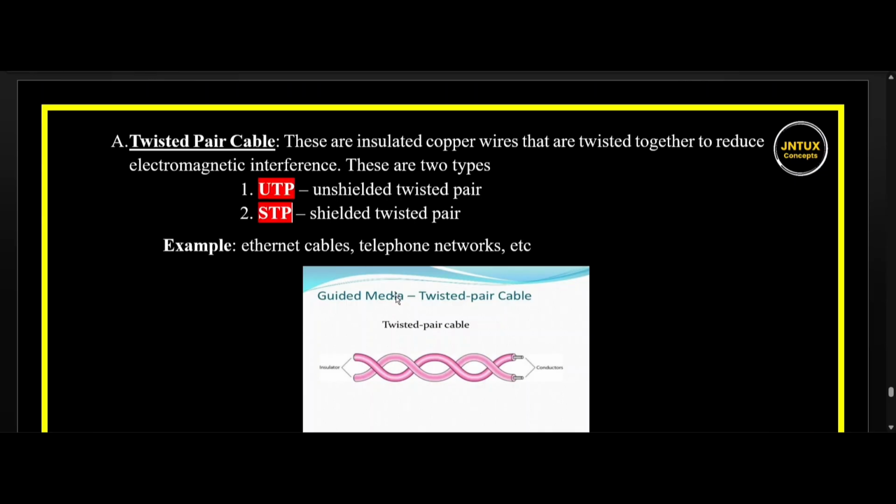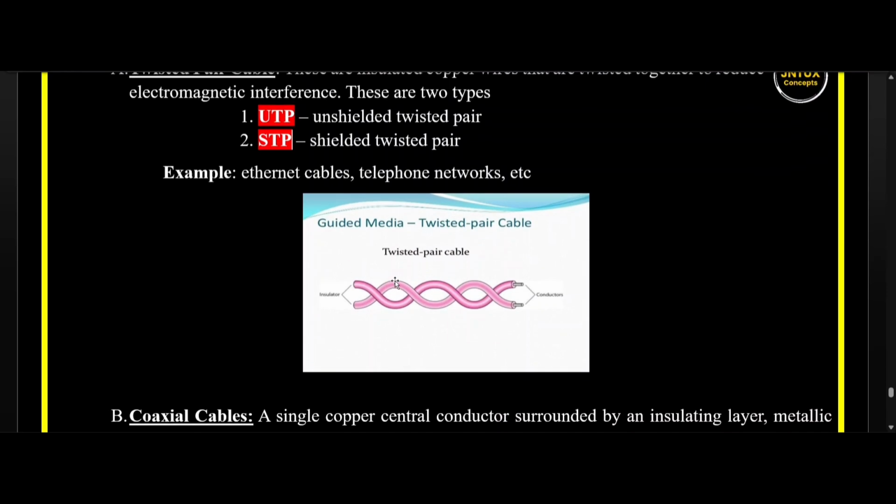These are of two types: UTP and STP. UTP is the unshielded twisted pair, whereas STP is the shielded twisted pair. Better examples of twisted pair cables are Ethernet cables, telephone networks, etc. This is the clear diagram of twisted pair cables. If a guided transmission media question is asked in the exams, you can draw this diagram.